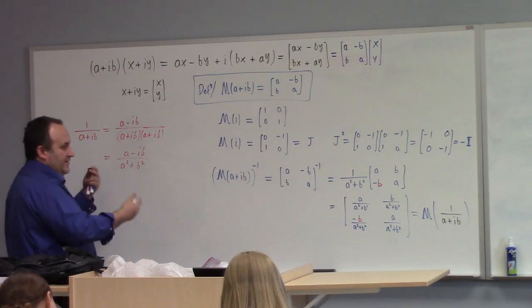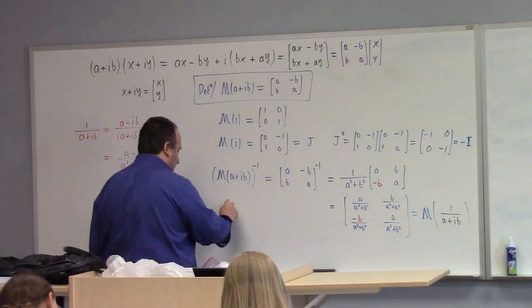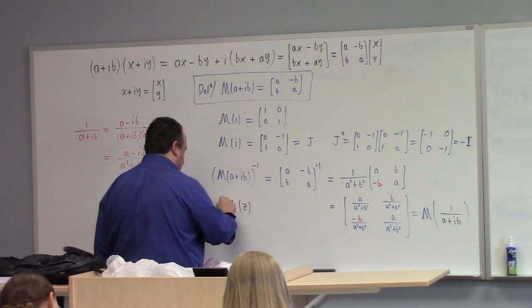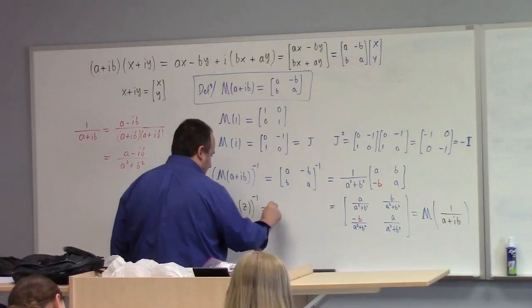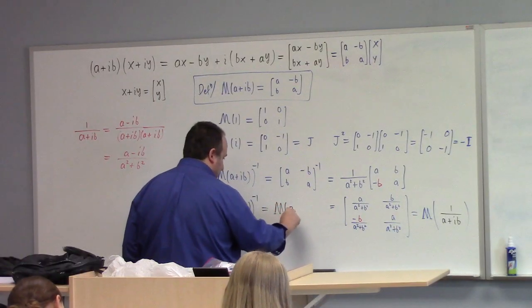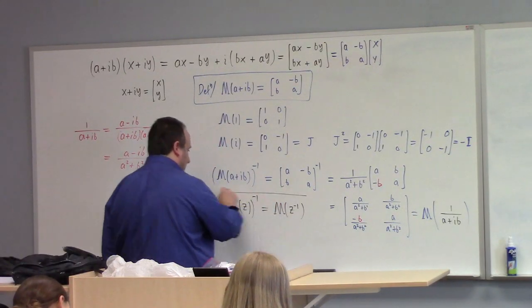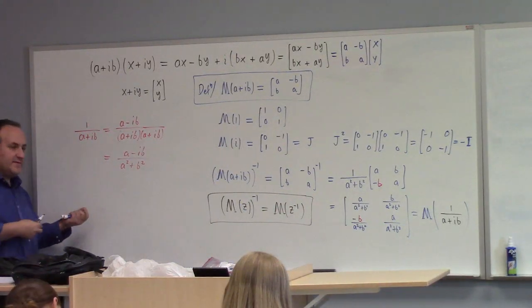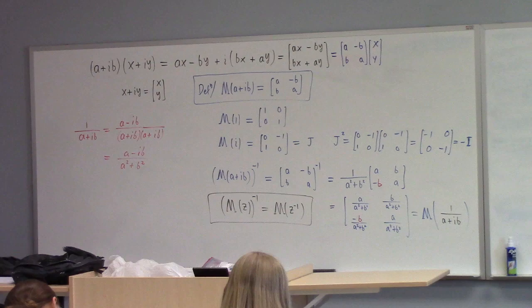To summarize the calculation I just did, I showed you that the matrix of the complex number Z inverted is the same as the matrix of the inverse of that complex number. But there's a profound difference between the left-hand side and the right-hand side of that equation, right?